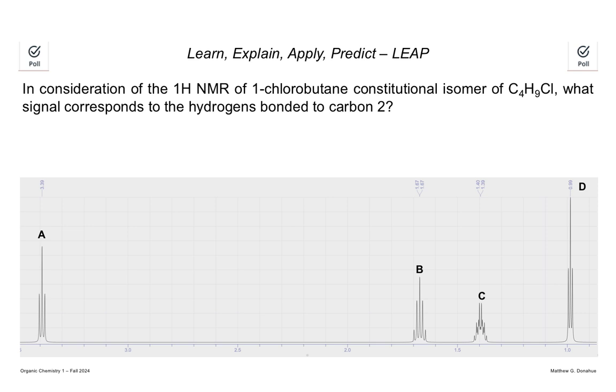And so the one question for the last isomer, which was 1-chlorobutane. We have the choices shown above the signals A, B, C, and D. It says, what signal corresponds to hydrogens bonded to carbon 2?